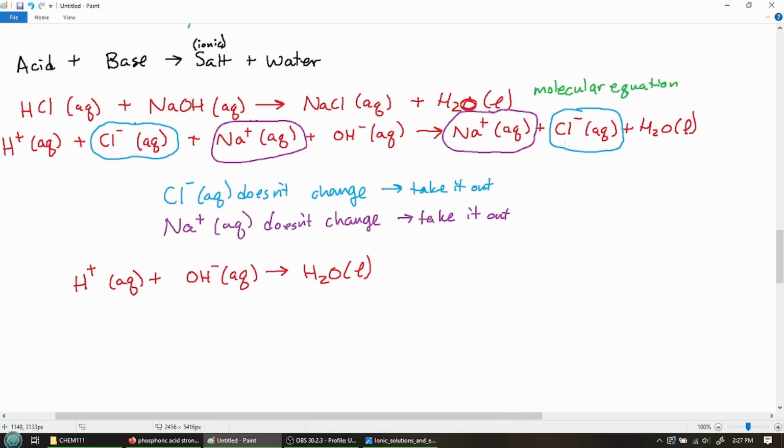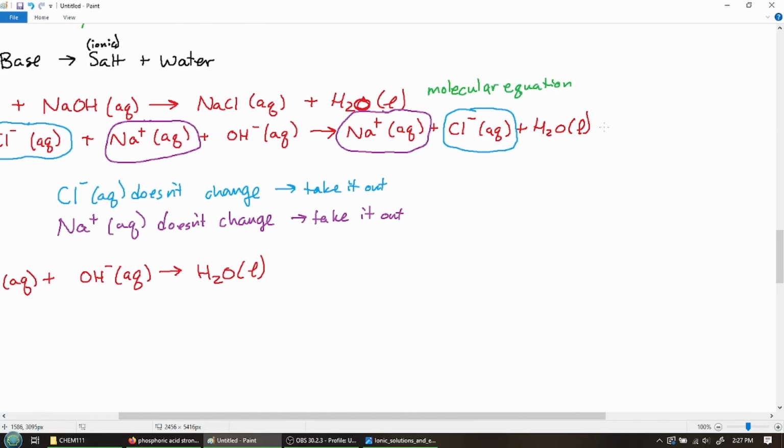This next one it calls the complete ionic equation. It's called an ionic equation because everything here that either contains or forms ions is written in that ionic form.